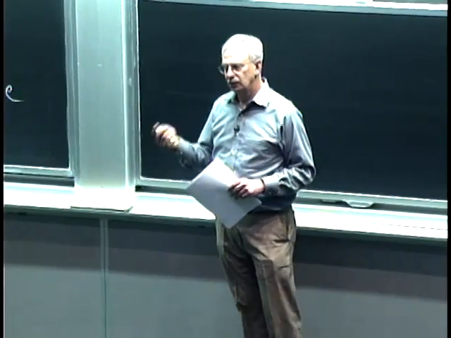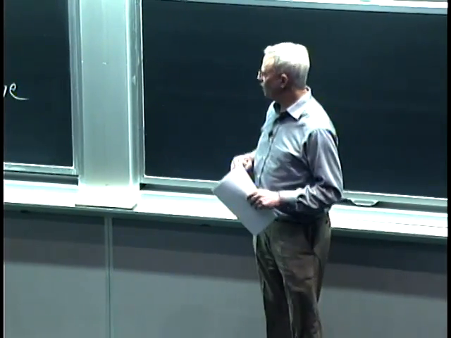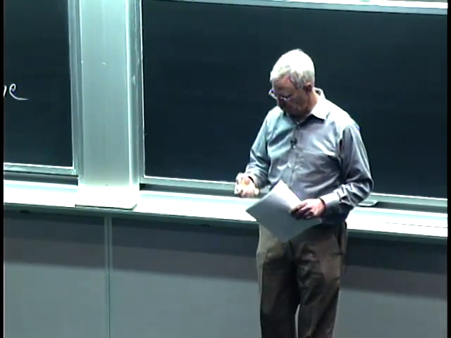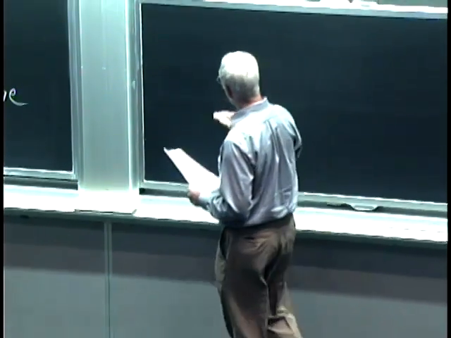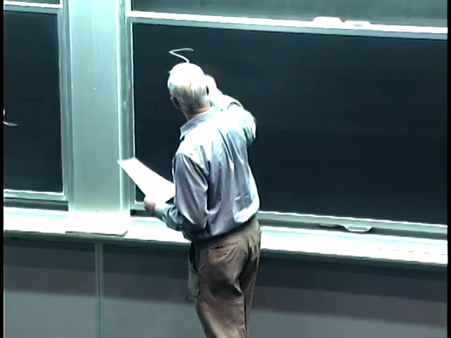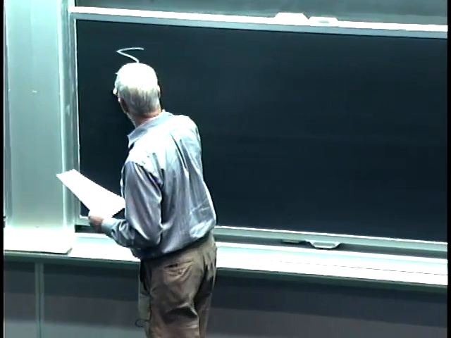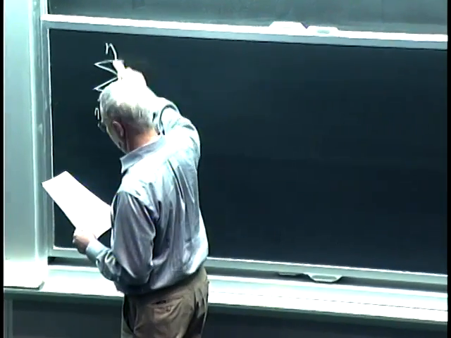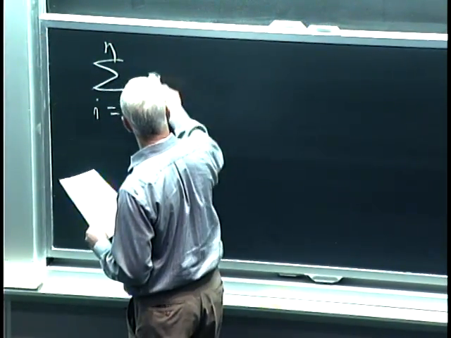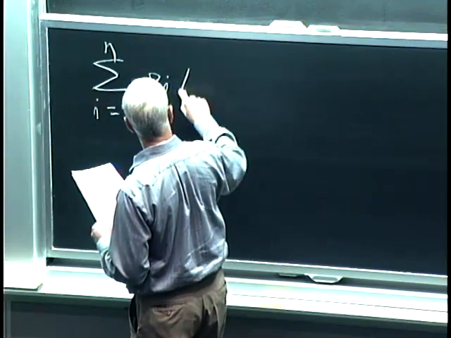Well, I want to go back and attack it exactly the way we attacked it the first time, which was to write some mathematical formulas. You will remember that the problem was to maximize the sum from i equals 1 to n of p sub i, x sub i.